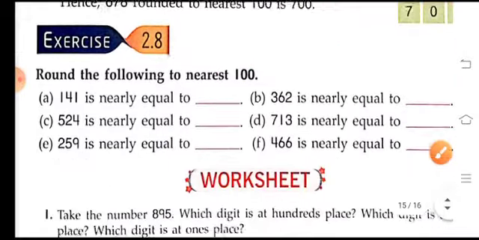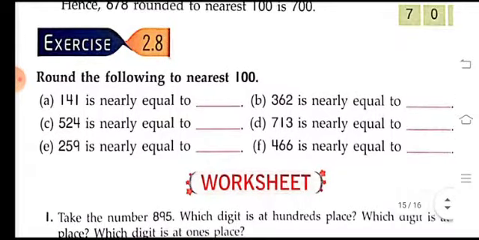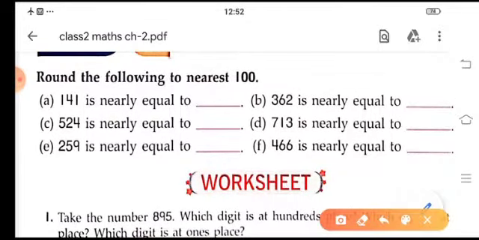Let's do exercise 2.8. 141 is nearly equal to 100, because the number at the tens place is less than 5 and at the ones place also the number is less than 5. So we write 0 at 4 and at 1.